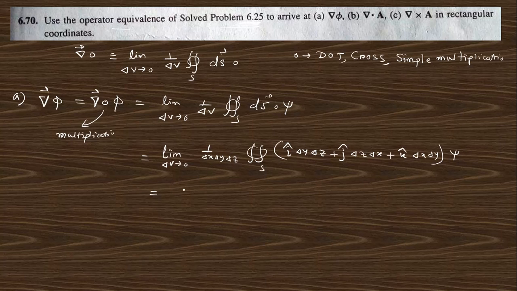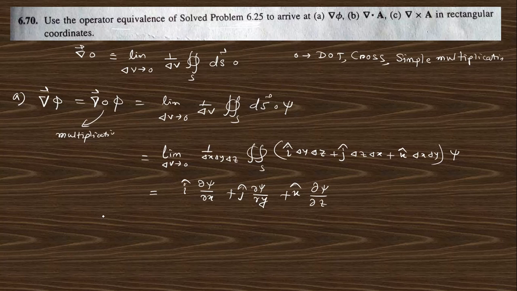So in case of i cap, you can see the delta y delta z is there, only delta x remains, so this can be written as del psi by del x. In case of j cap, the other two are eliminated, only y is present, so you get j cap del psi by del y, and k cap del psi by del z.